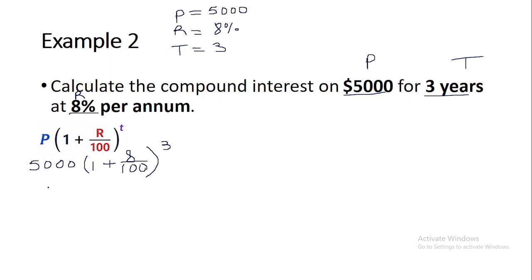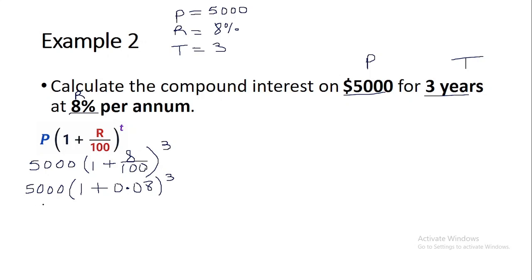So what's that gonna equal to? That's gonna be 5,000 open bracket. So that's gonna be 1 plus 8 over 100. So we know that that's gonna be 1 plus 0.08 raised to the power of 3.